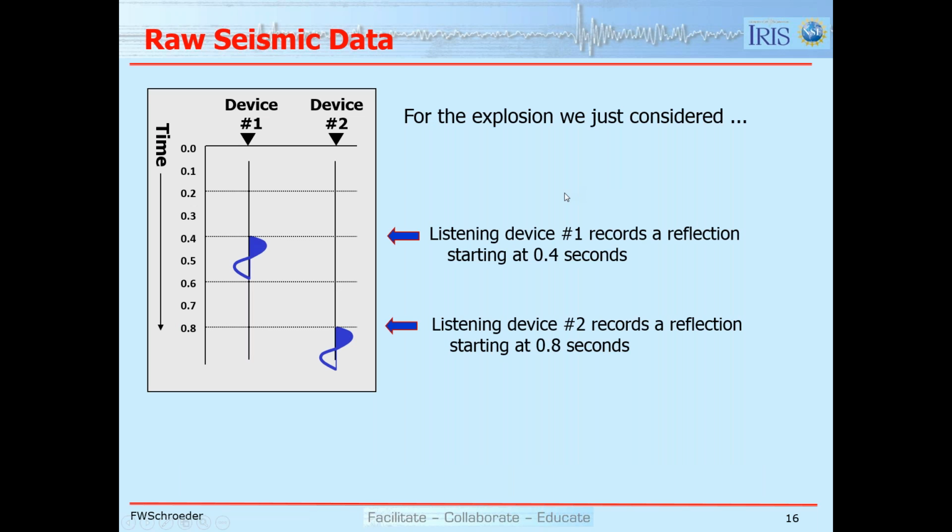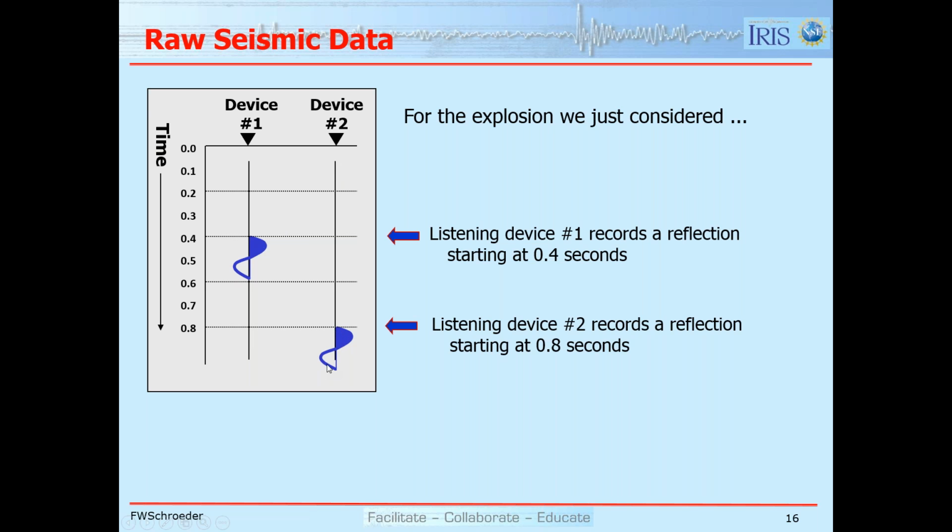So if we look at what devices in the previous cartoon would record, we see the energy starting at 0.4 seconds for listening device number 1. That's from the boundary between the first and second layer. For device number 2, we see energy coming in at 0.8 seconds.